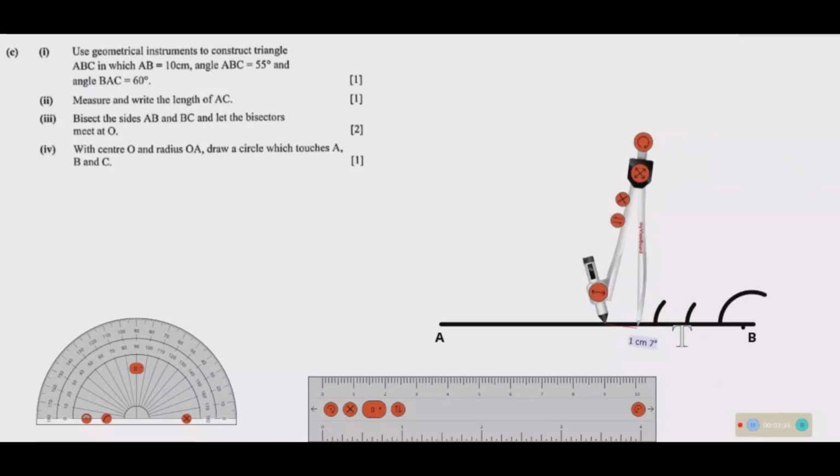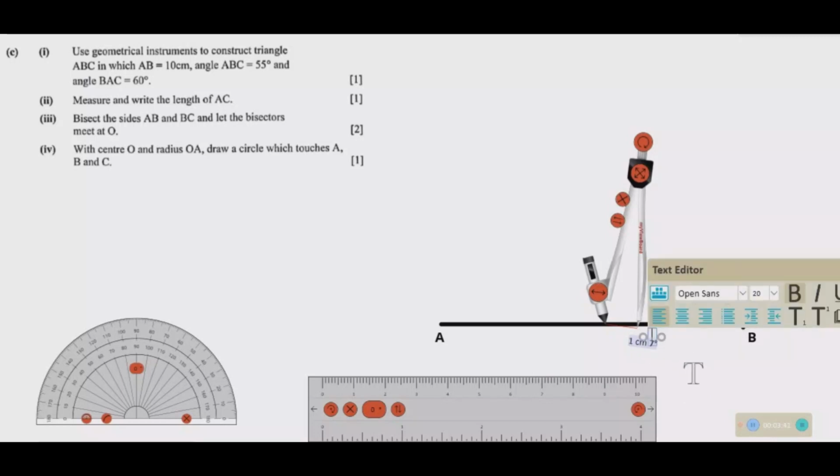So you can also name these points if you want. Let's name them. This one we are going to call Q, so that we don't get confused, there is no Q there.